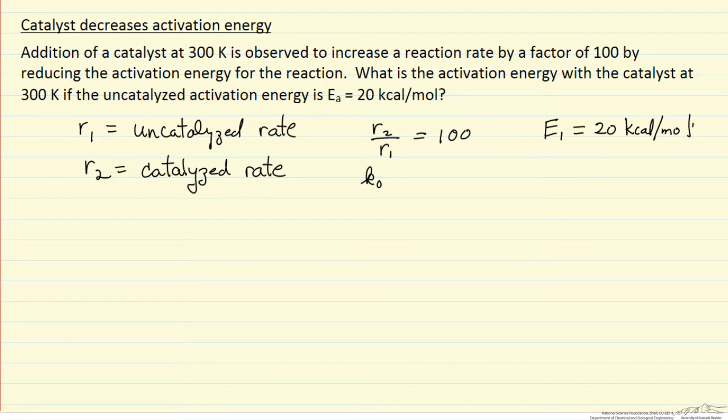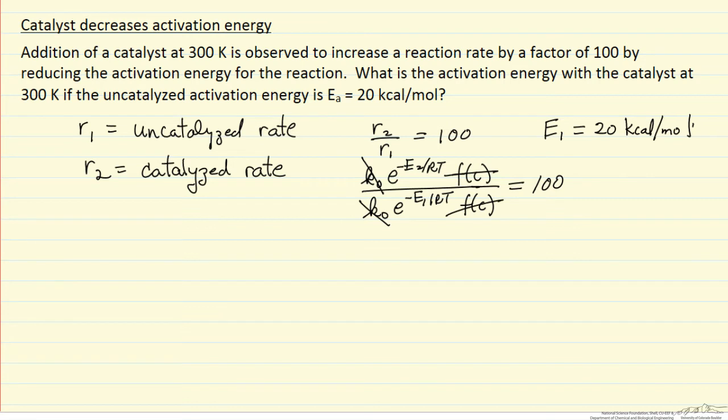The rate is going to be the pre-exponential factor, the activation energy, and then some concentration dependence, so some function of concentration, same K0, E1 now over RT, and the exact same concentration dependence, but that ratio is equal to 100, so these cancel, and we have e to the minus E2 plus E1 over RT is equal to 100.